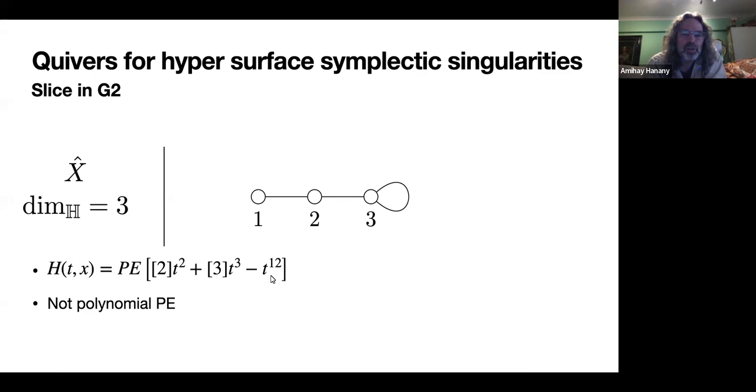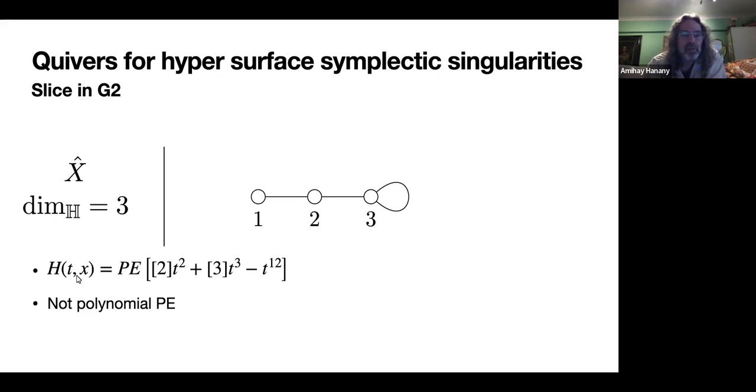Actually, it's quite a challenge, if you want to entertain yourself, to write the relation of order 12 in terms of the 4 variables here and 3 variables here. This will be a nice exercise. It's not a simple expression.